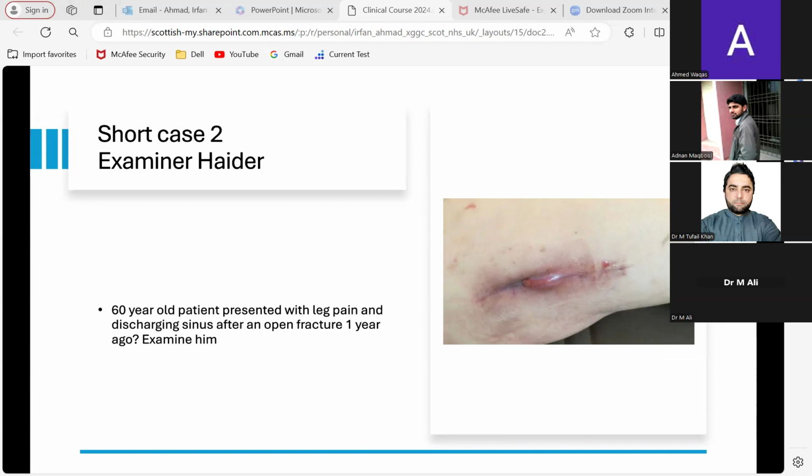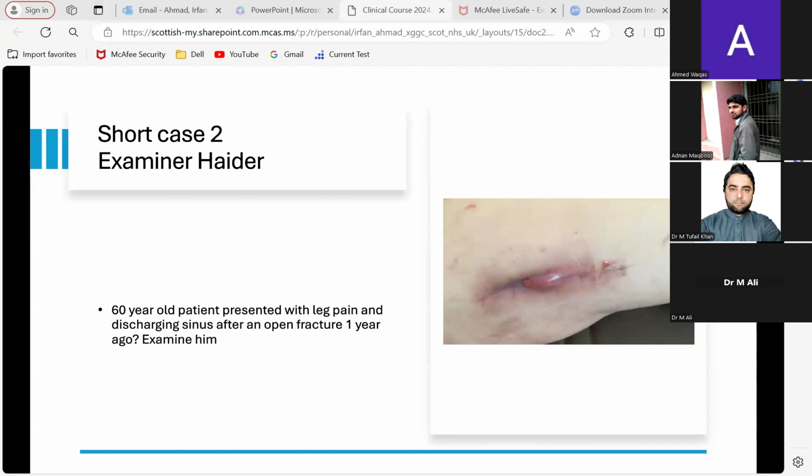Okay, so this is a 60-year-old patient presented with leg pain and discharging sinus after an open fracture one year ago. What can you see in this picture? Sir, is this the picture of the leg, sir? Lateral aspect, yes.